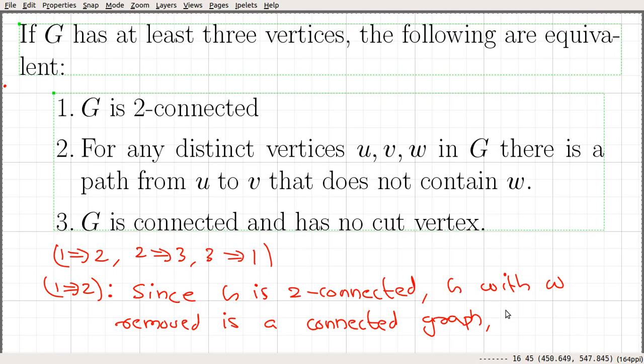Let's call that graph G dash. So G dash is equal to G minus W.